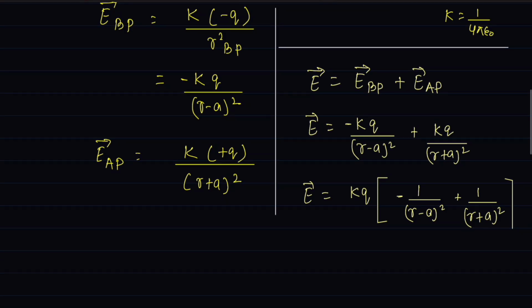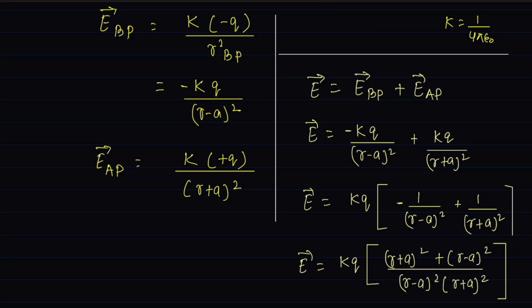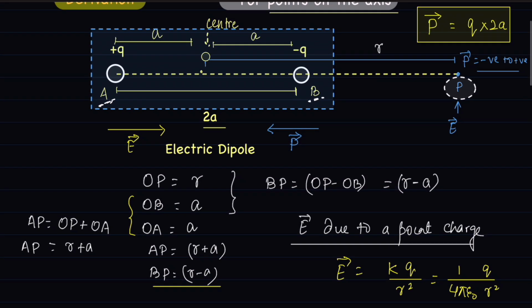So E is equal to kq times r plus a whole square minus r minus a whole square, divided by r minus a whole square times r plus a whole square. In this derivation, we assume that the distance r is much larger than the distance a. So from here we can say that a by r is almost equal to 0.